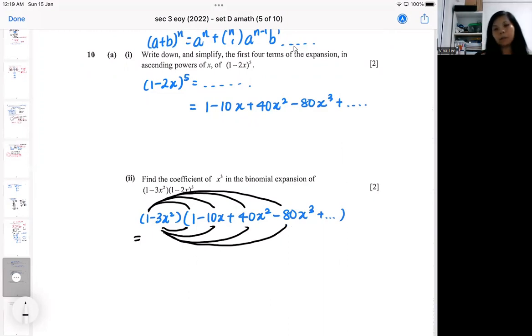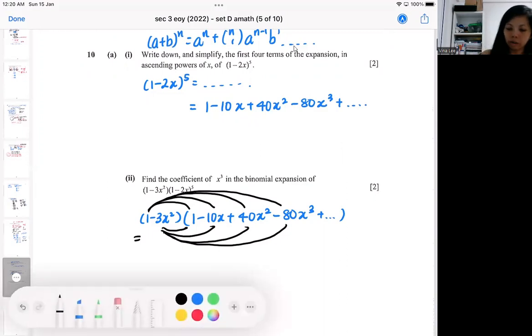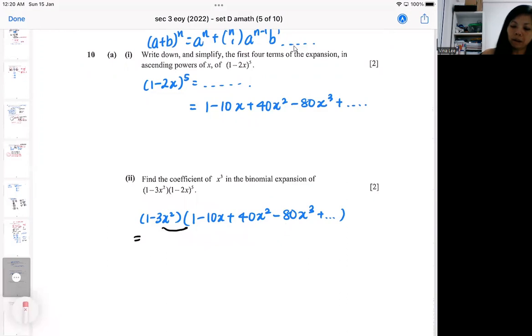If you decide to expand out everything, you got 8 arrows. So there are 8 arrows for you to simplify, and then later on you got to focus on the coefficient of x cube. So it's actually very tedious. If you look at the 8 arrows, not every one of them is going to give you the x cube.